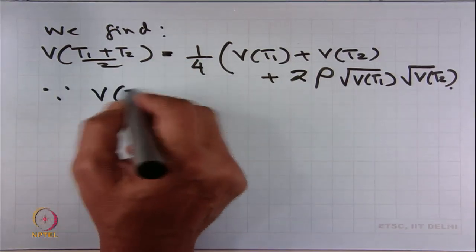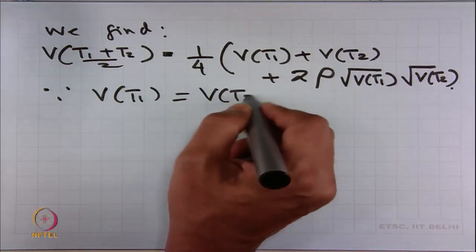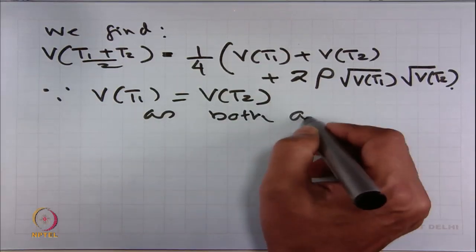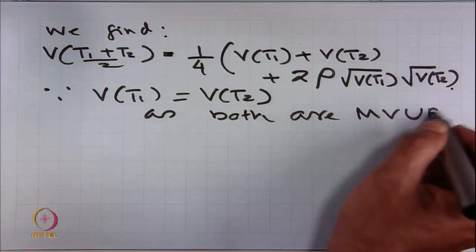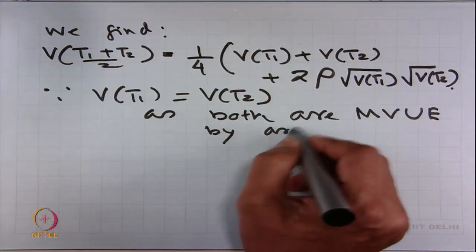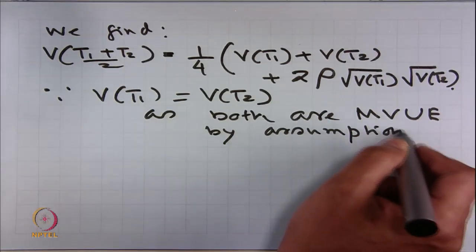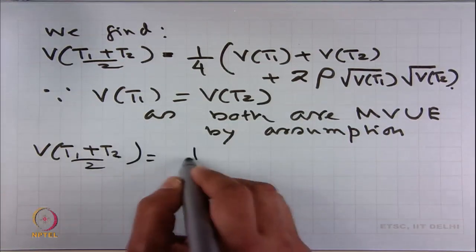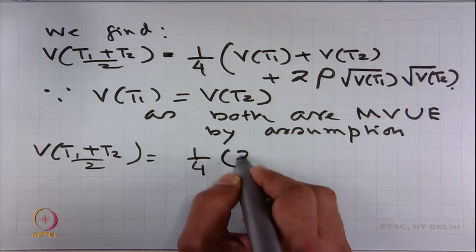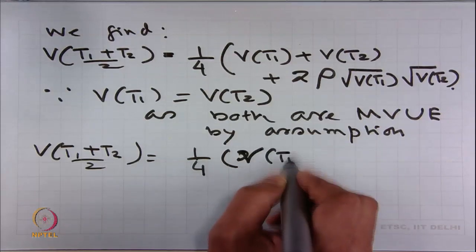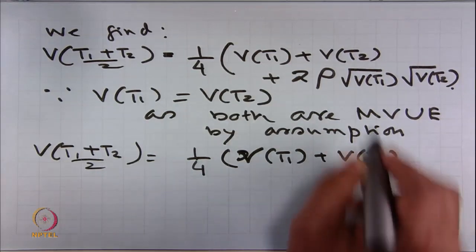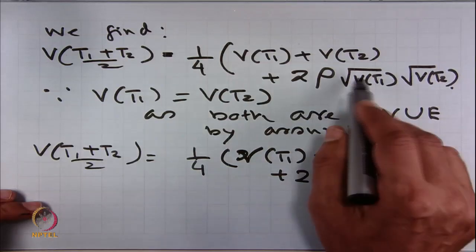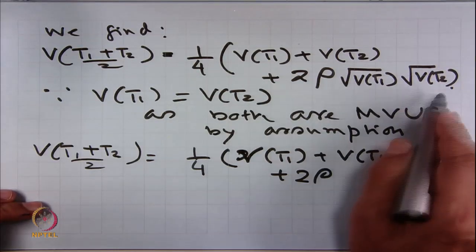Since variance of T1 is equal to variance of T2, as both are MVUE by assumption, variance of T1 plus T2 by 2 is equal to 1 by 4 into variance of T1 plus variance of T1, replacing variance of T2 by variance of T1, plus 2 rho, this is root over variance of T1, this is root over variance of T2.